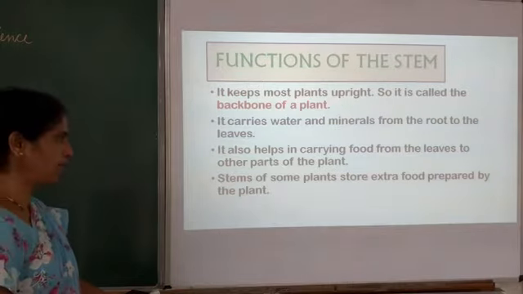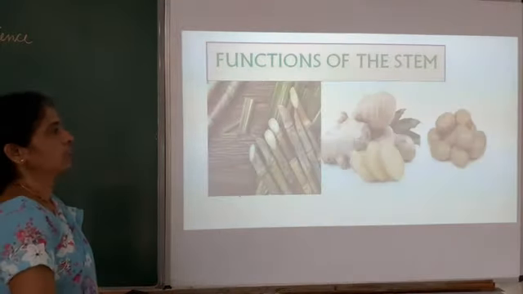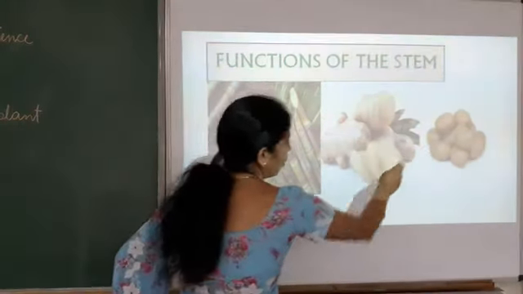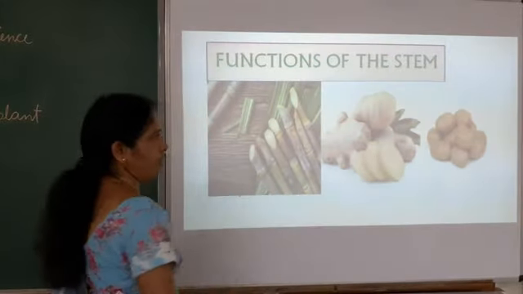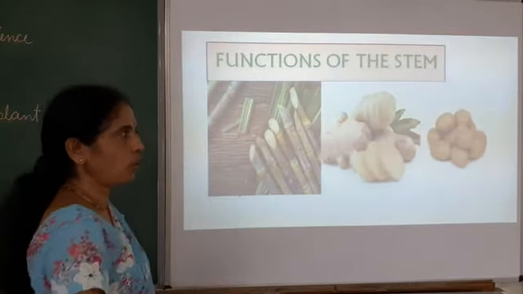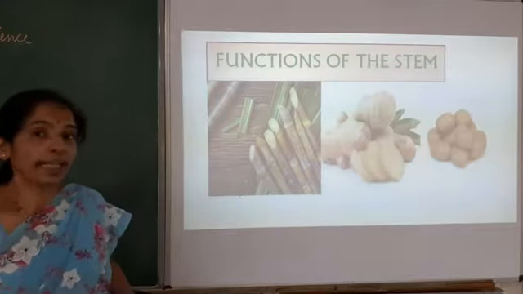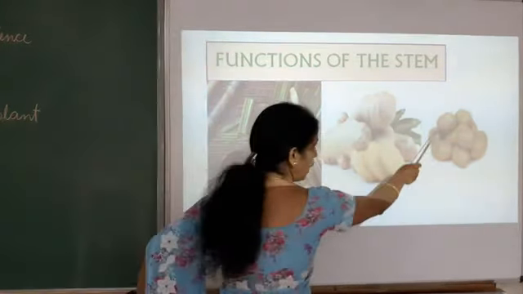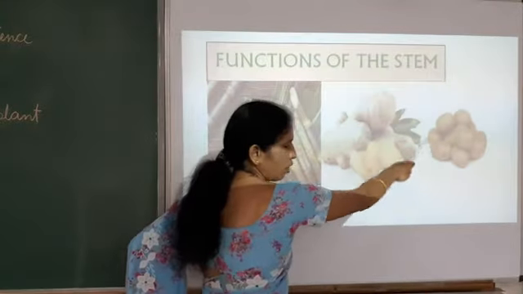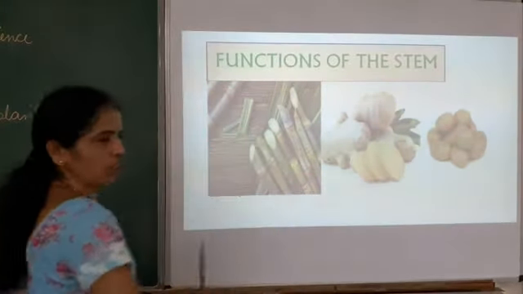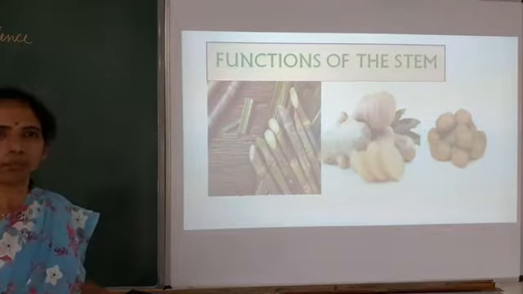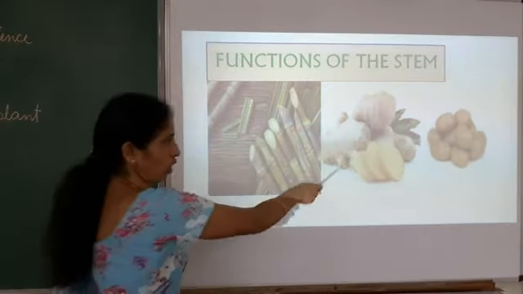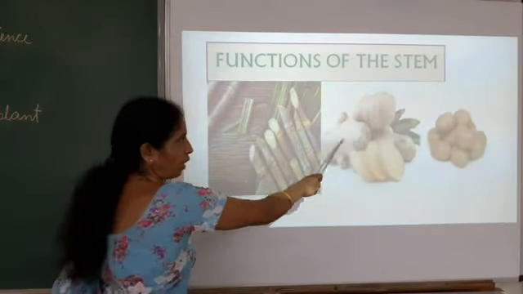See, examples I can show you. Potato is a stem. So the potato plant stores extra food prepared by the plant in the stem. That is why this stem looks like this. Ginger is a stem. It also stores the extra food prepared by the plant in the stem.